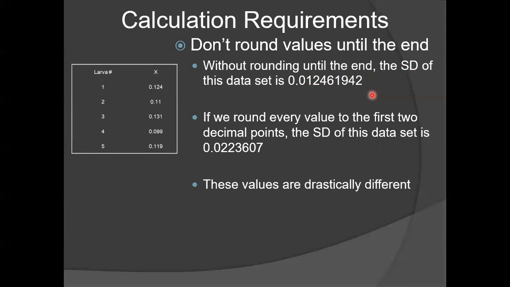But if we were to round every value calculated, including Σx² in the parentheses and (Σx)² out of the parentheses, to the first 2 decimal points, the standard deviation of this data set would be 0.02236. These values are drastically different. They're statistically different. And this would not be a correct answer. So it's very important to not round values until the very end.